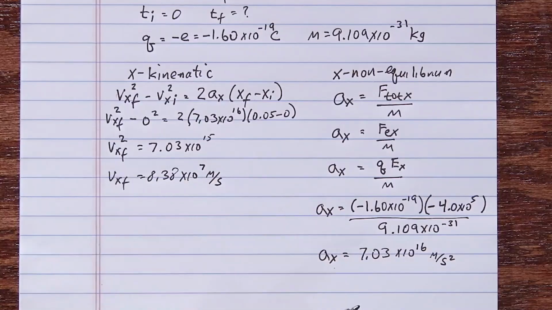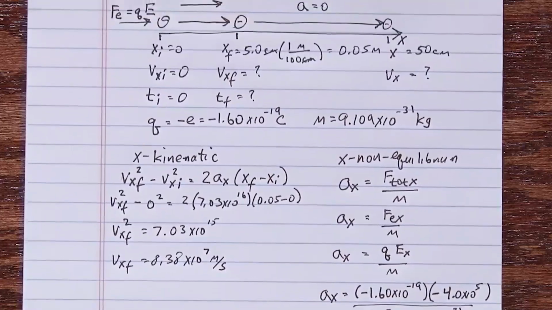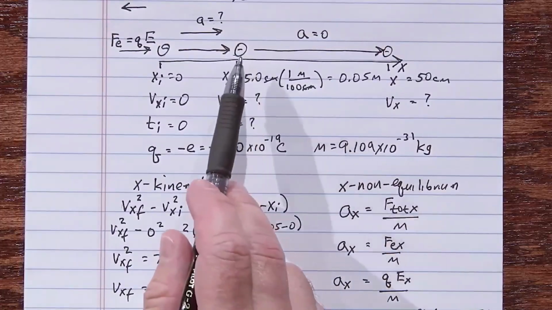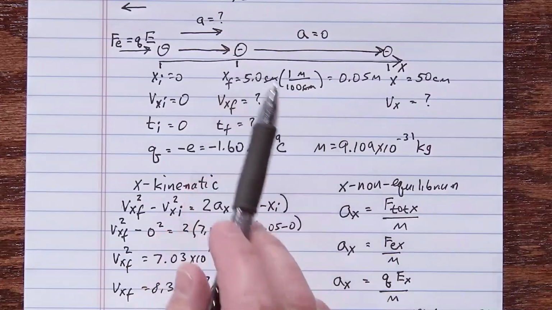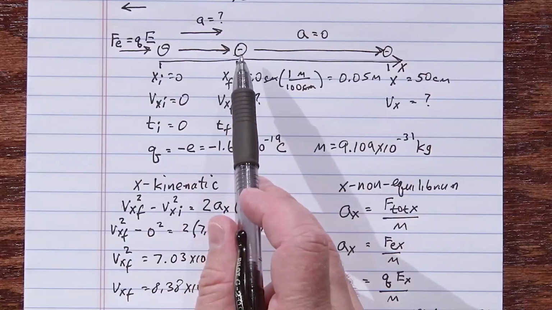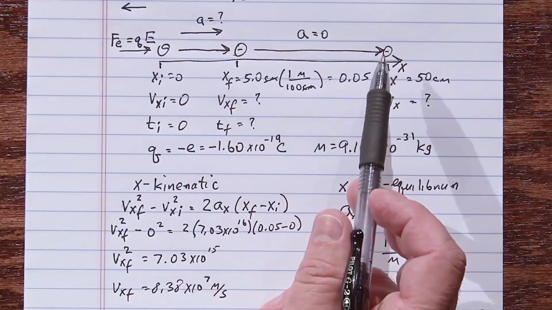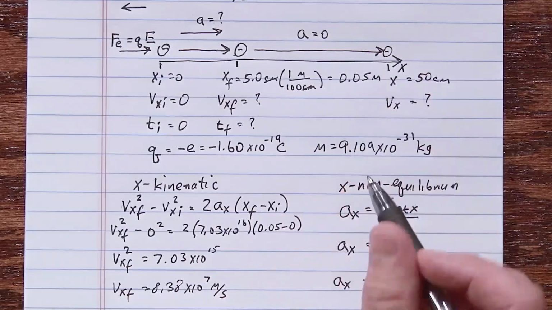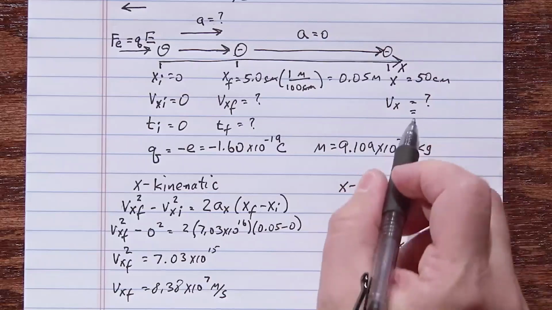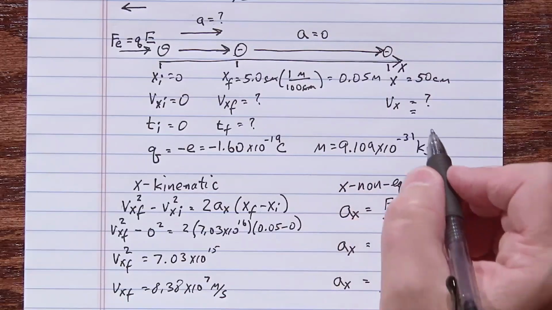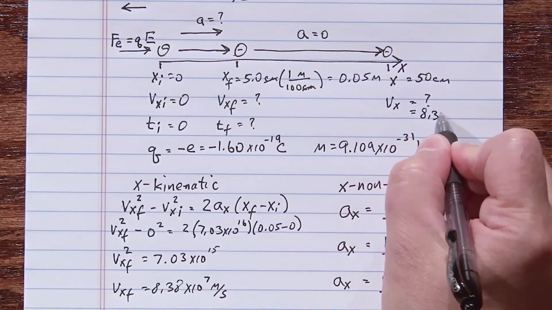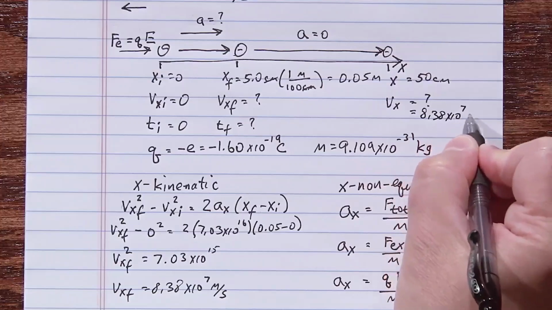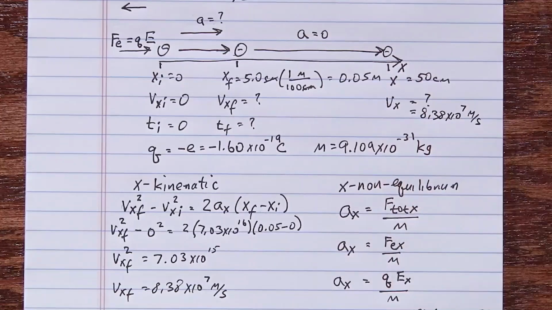So that is the speed of the electron at the 5 centimeter mark. We're told that the electron travels at constant speed for the remainder of the distance. So we know that the ultimate Vx final will also be 8.38 times 10 to the 7 meters per second. And that is the answer to the question we were asked.